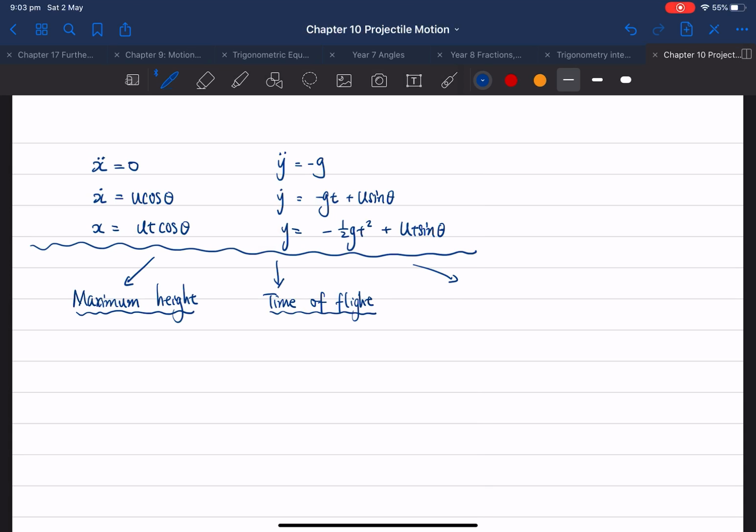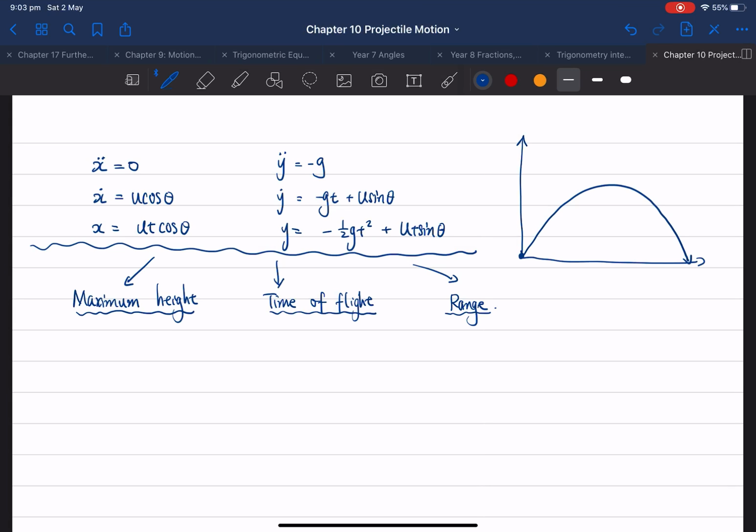And the last one is the range, or the horizontal range. So how do we find all these 3 pieces of information? Remember, for this one I'm using the first case, the standard one, where you're throwing something from the ground, and the finishing point is also on the ground.